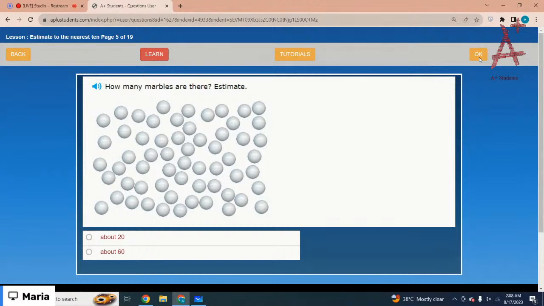How many marbles are there? Estimate. About 20 or about 60, which is the correct option?